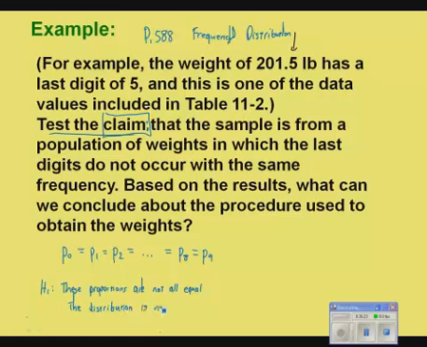Uniform. Is not uniform. Although, you'll also be able to test, if you think that something's not normal, this is a way you can test it also. Okay? Although we have other tests for that too. And then I guess H0 is that, no, the proportions are all the same. Because remember, H0 is going to be we test equality.